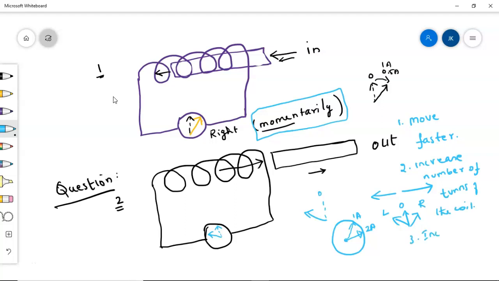And another one, increase the area of the coil. So you can increase the amount of induced current as you move the magnet faster in and out.